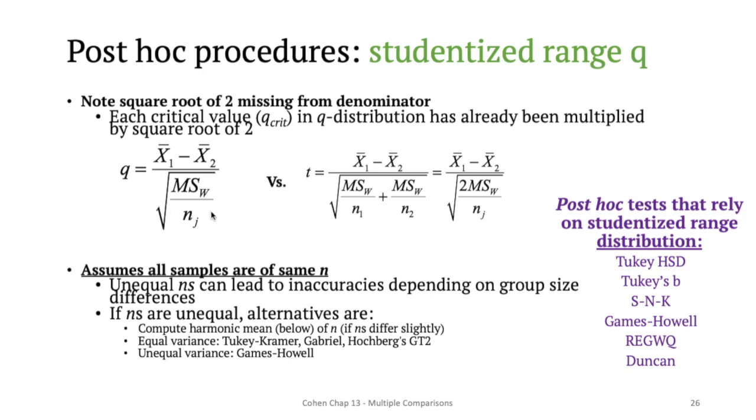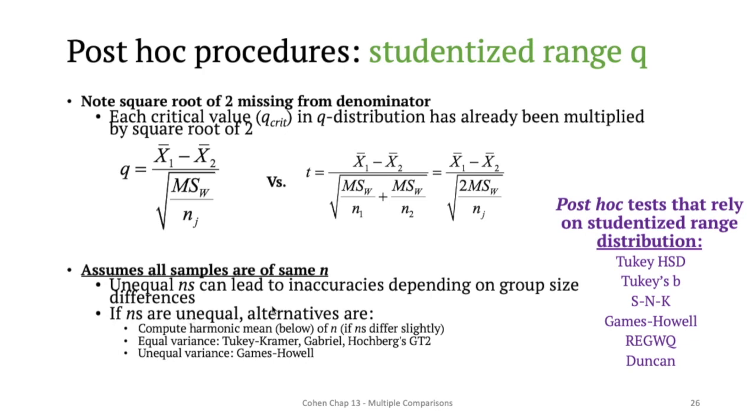So here's the equation again. Again, this Q is coming from a different distribution than a t, and so it's going to be adjusting for things. But note that the studentized range Q assumes all samples are of the same size. So unequal ns can lead to inaccuracies depending on group size differences. So when things get really different, it's going to cause a lot of problems in the distribution itself.